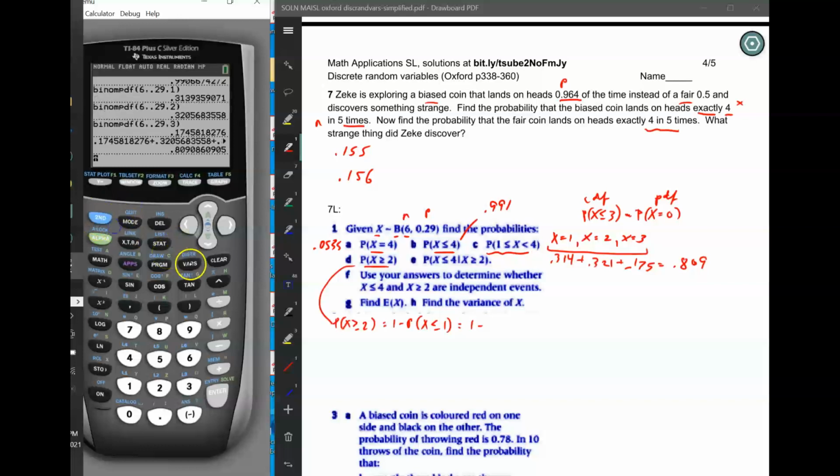So we'll do second distribution, binomial CDF, and we're going to put 6, 0.29, and we're going to put 1.